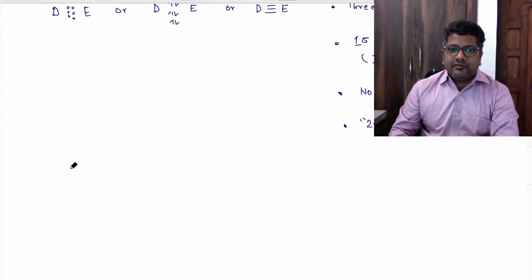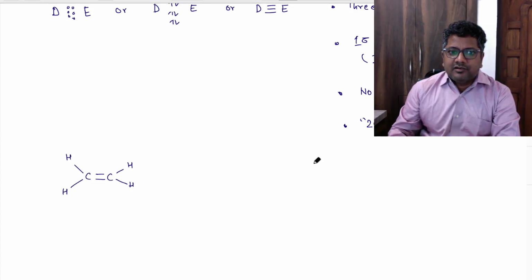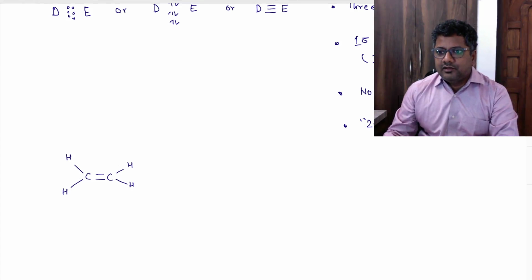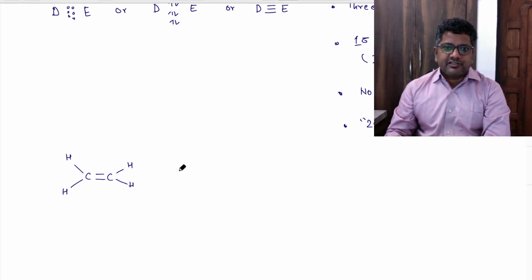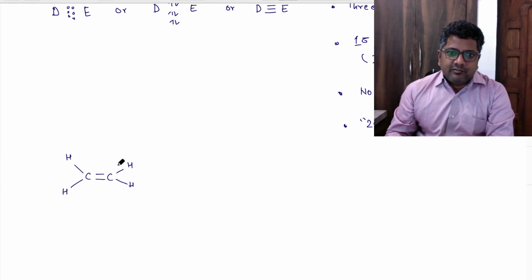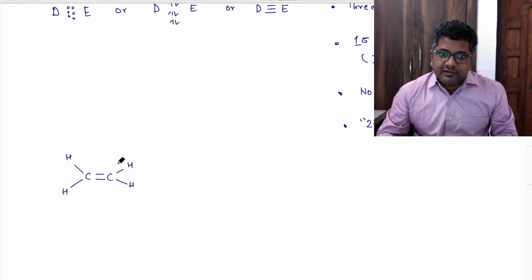So this is the first point. Suppose now that this structure is given to you, and it is asked how many sigma bonds and pi bonds are present in this molecule, right? On the basis of this analysis, you can simply say that a single bond is always sigma.